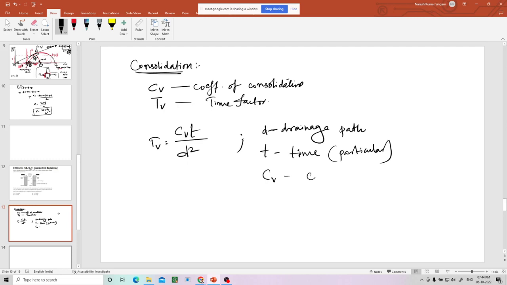CV, you know, this is constant for a soil, for a particular soil.